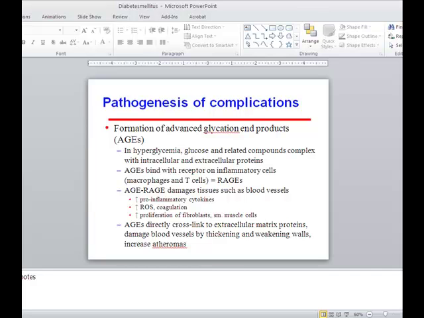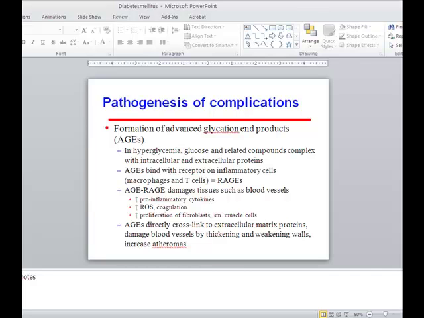It leads to an increase in the proliferation of fibroblasts and smooth muscle cells. Remember, you have smooth muscle cells around the arterioles, so not only is the basement membrane and the endothelial cells thickening, or I should say the basement membrane primarily thickens, but also the smooth muscles are thickening.